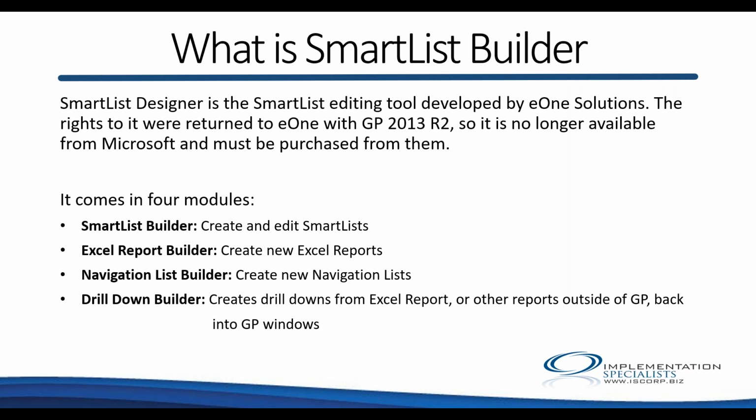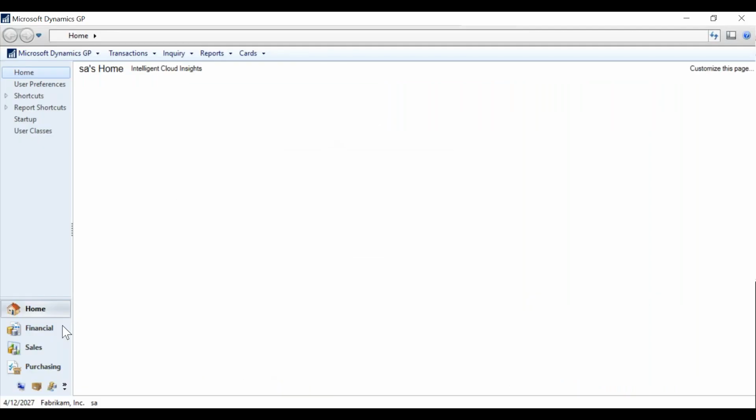We are just covering SmartList here, but one thing I do want to call out, that I get quite a few questions on, is the navigation panes. So give me just one moment here. I'm going to hop over to GP. I believe, yeah, this is my 2018 date here. The navigation pane is this field right here that you see throughout GP.